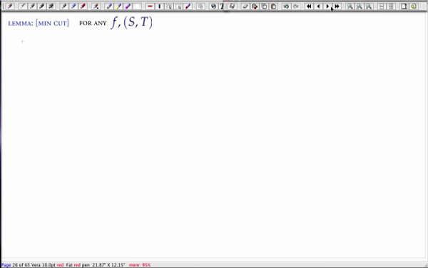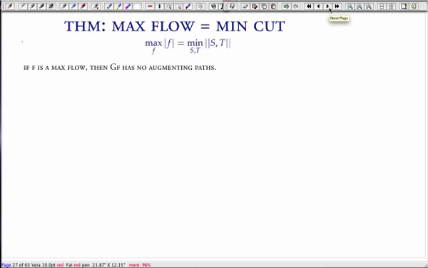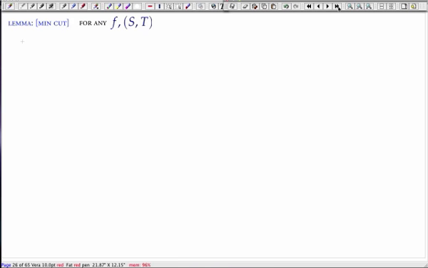Okay, so once you have this lemma, which is that for any flow f and cut st, the value of f is upper bounded by the value of this cut.